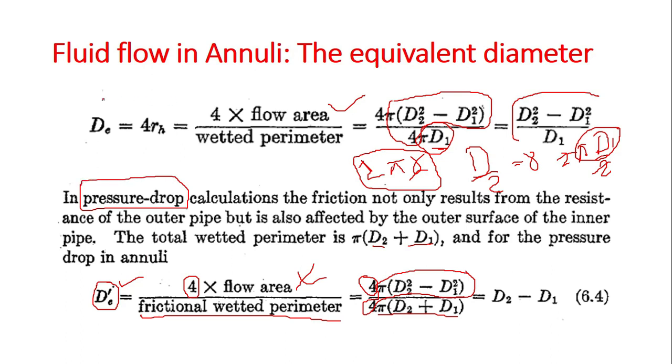But normally we use the other equivalent diameter when we determine the heat transfer rate or the heat transfer coefficient. When we determine the pressure drop in the heat exchanger, we have to use this equivalent diameter, and after simplifying, it will become equal to d2 minus d1.